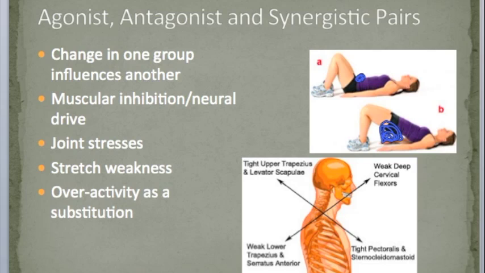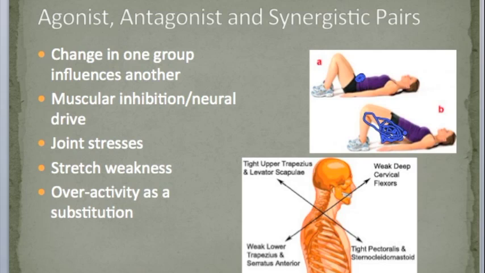And when one muscle group is inhibited, so we say that the glutes are inhibited, then you still have to have something to stabilize the pelvis. So then you get overactivity in the other hip extensors, so hamstrings.